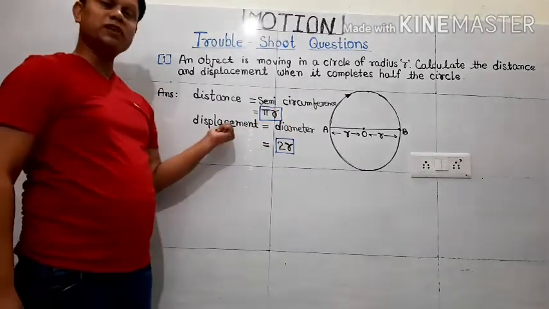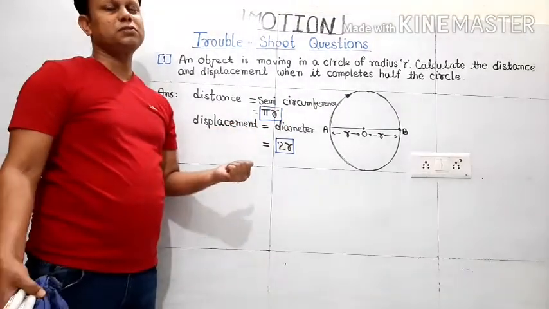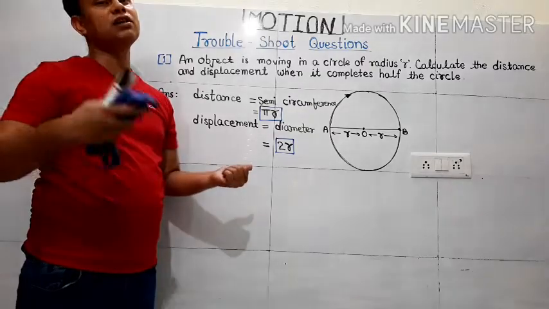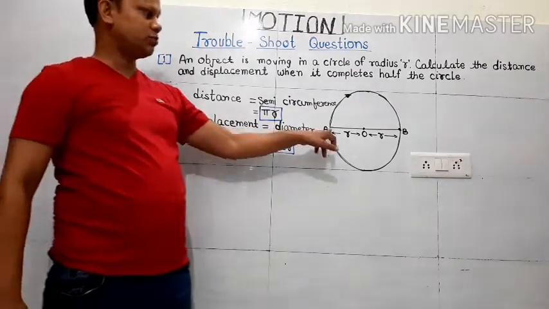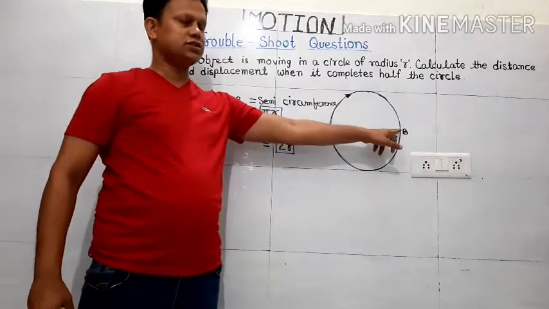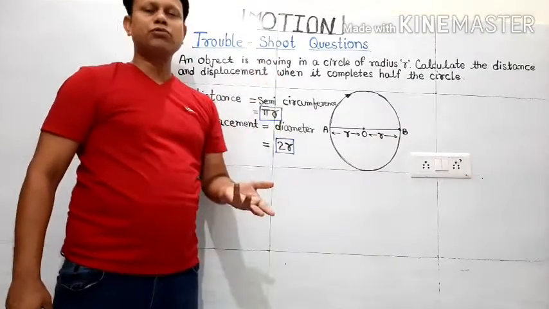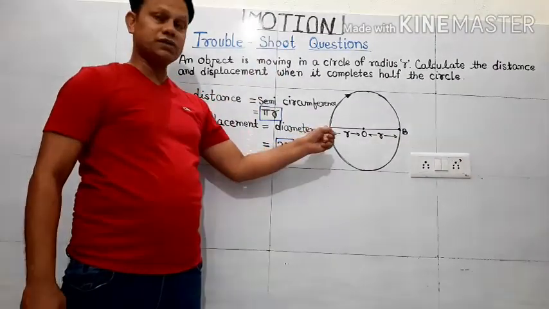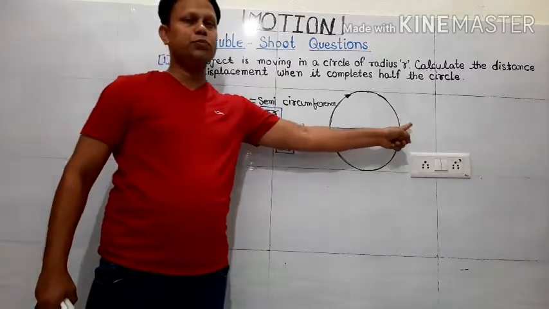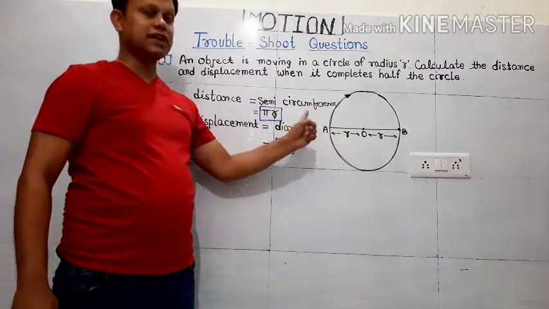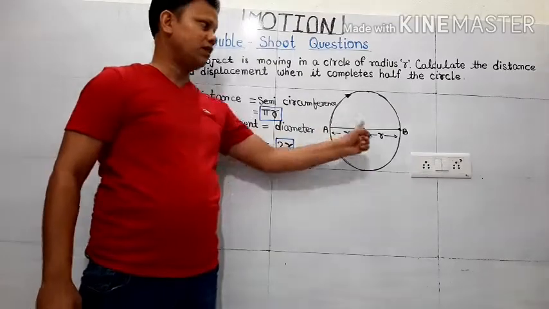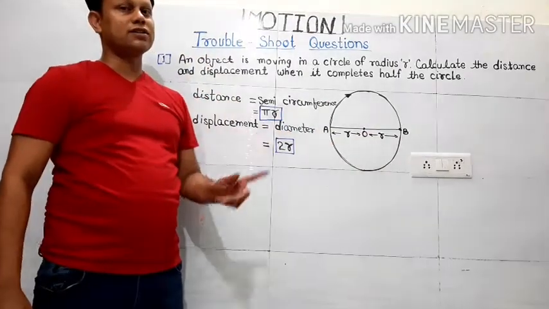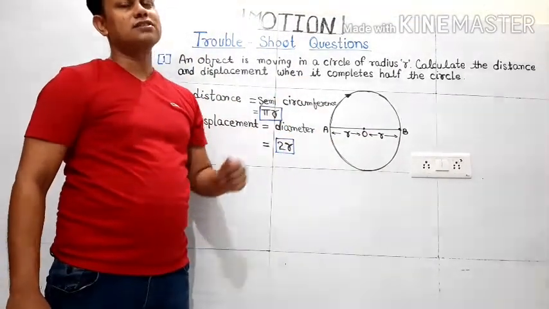Now time for displacement. Displacement means the shortest distance between initial and final position. So the initial position is this, the final position is this; the intermediate path we don't have to take care of. So we have to measure the gap between A and B. And if we understand mathematically, the gap between A and B is the diameter of the circle.